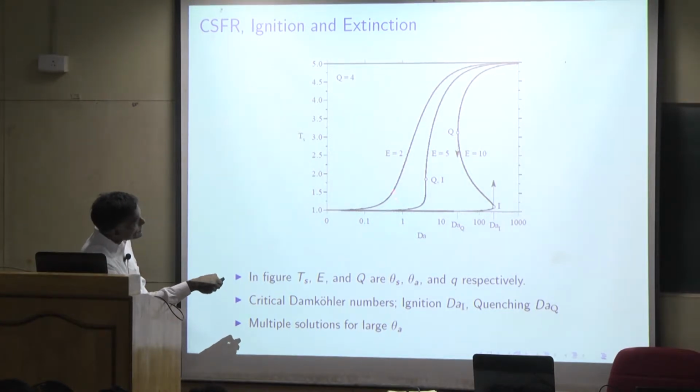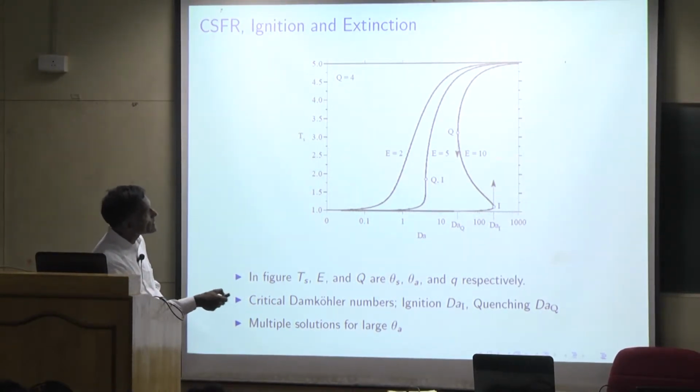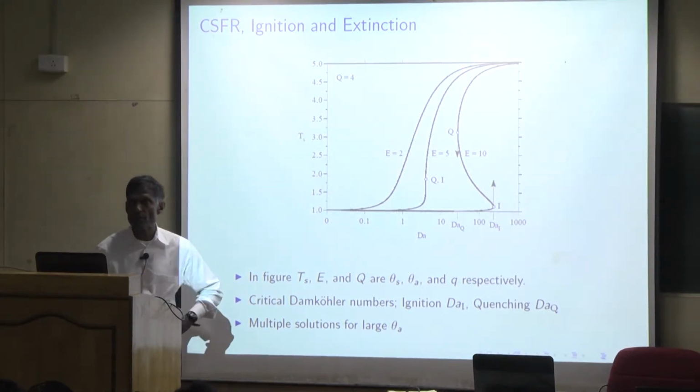Here ignition and extinction do not happen. Here there is an ignition and an extinction process. So the point is that all this can be controlled by the activation energy. The activation energy plays a role, right? That's the point.